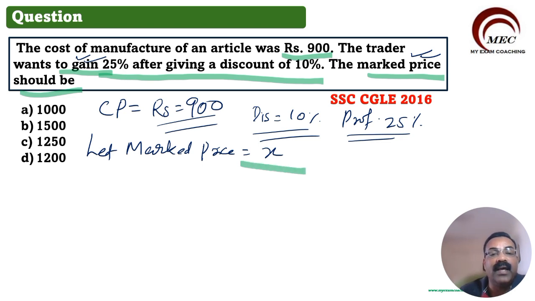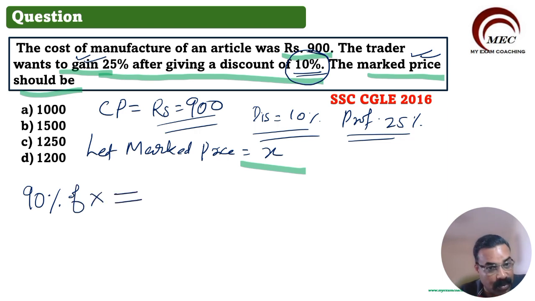Now if the market price is X, he wants to give a 10% discount on that market price. So when you give 10% discount, you will get 90%. So 90% of X will be equal to, understand what I am telling very clearly.